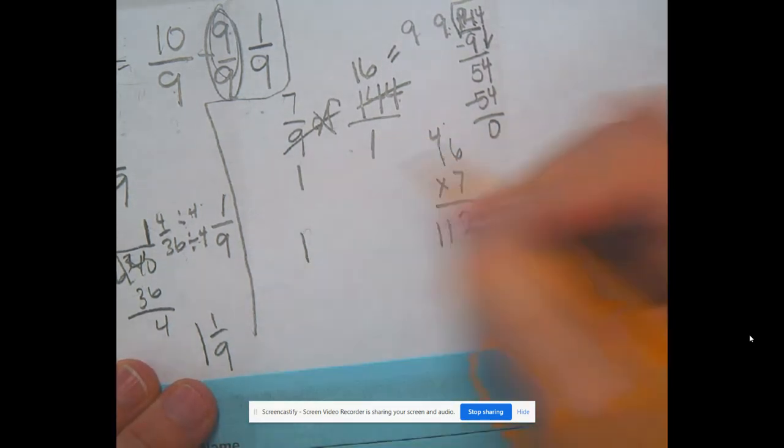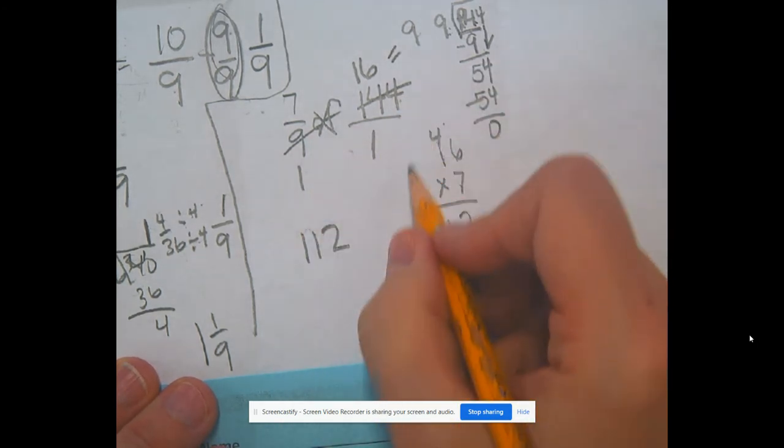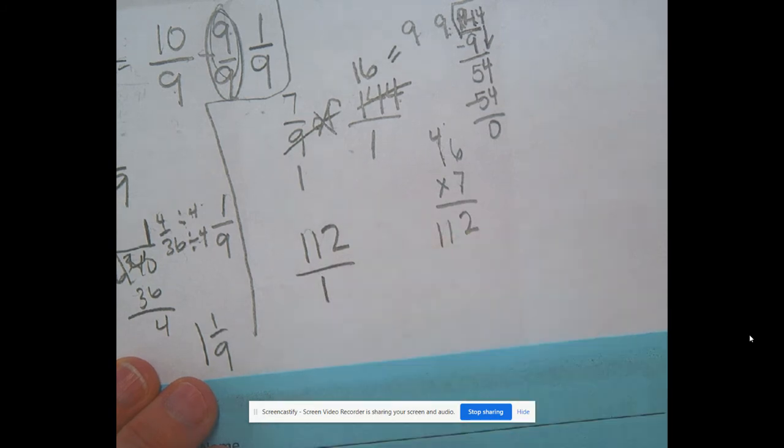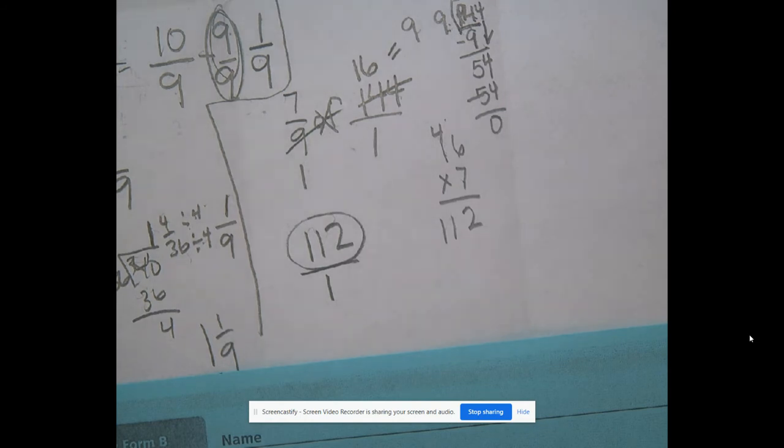So I have 112. 1 times 1 is 1. Anything over 1 is what? Is the whole number, right? So how many of her 144 stickers are animal stickers? 112. We're done, right? No, because they didn't ask us how many animal stickers.